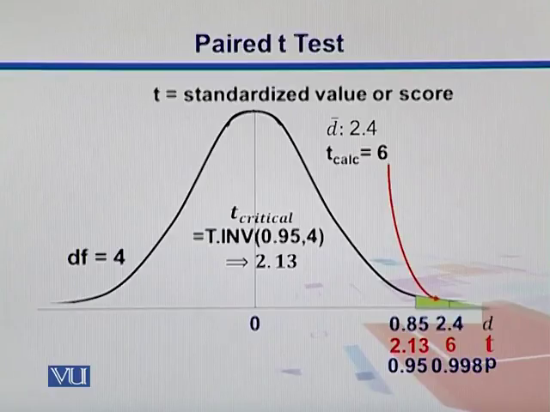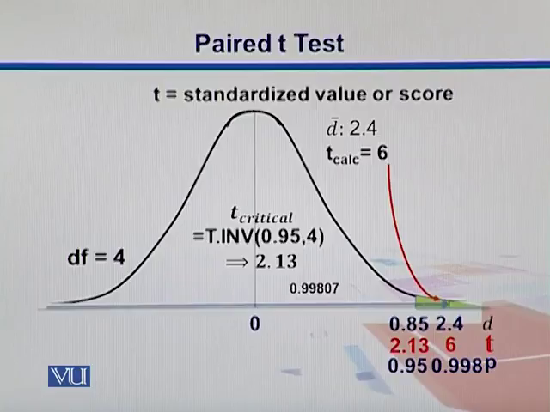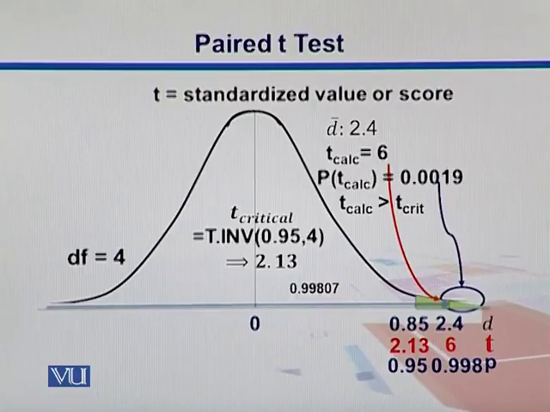Our calculated T of 6 lies somewhere here, and the probability up to that point is 0.998. If you compare with alpha, this region has a probability of 0.019, so this is about 1 out of 1000. The probability of finding this event by chance is about 1 out of 1000.